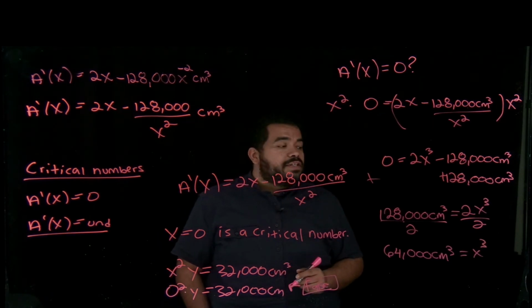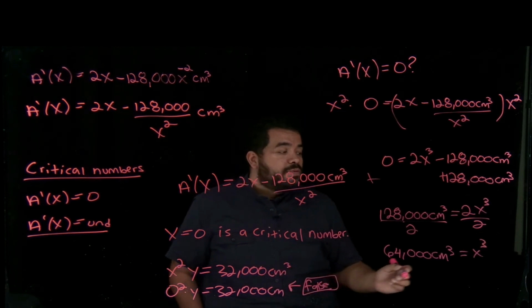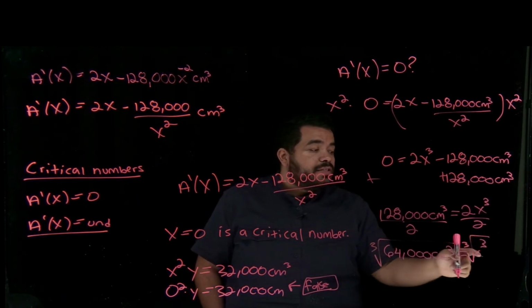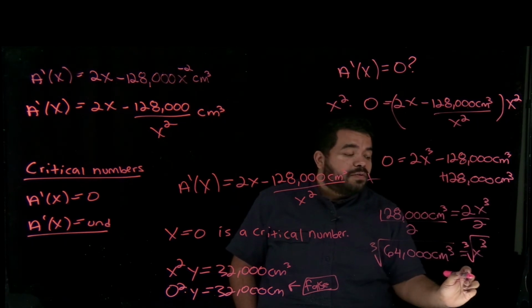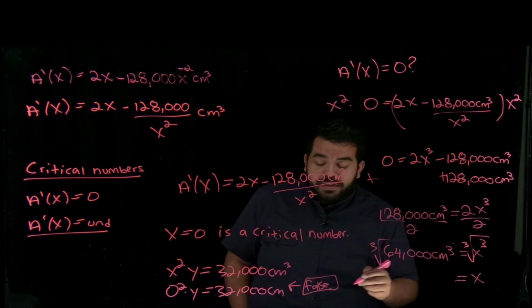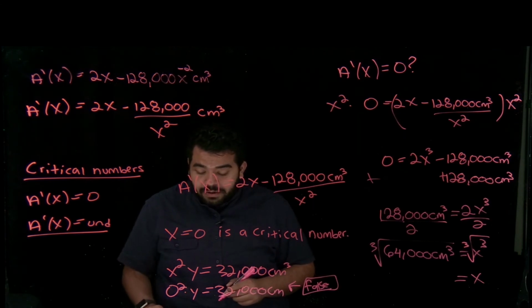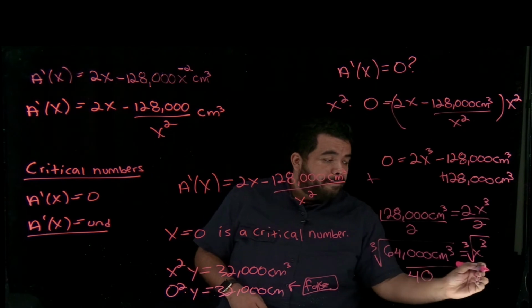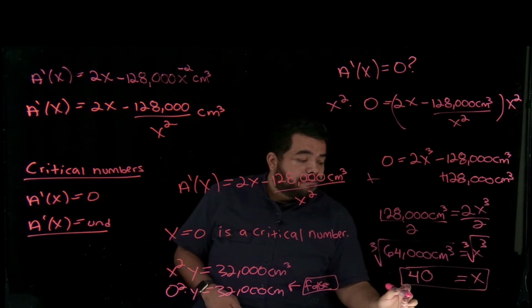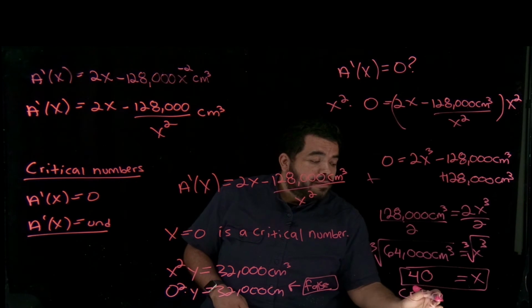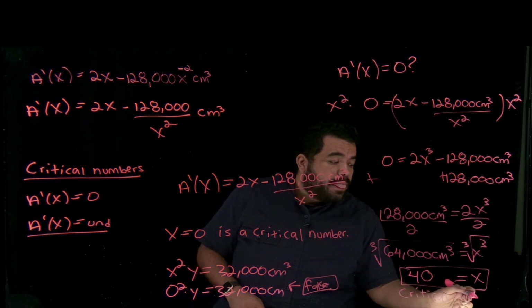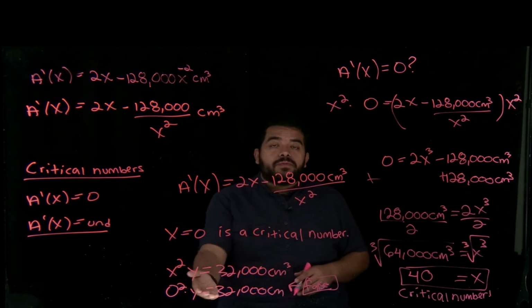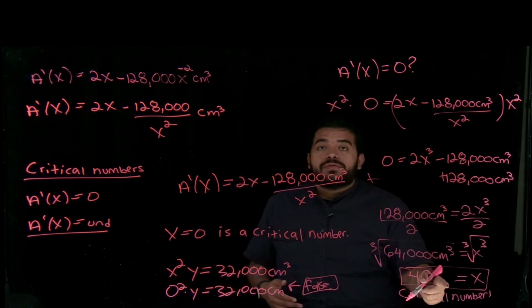Now, to isolate this, what we have to do is take the cube root of both sides. Taking the cube root of both sides will cancel out this x to the third power and just leave me with what I want, which is just an x. Now, if you plug this into your calculator, you're going to end up with the answer of x is equal to 40. And this here is what we call a critical number. Now, don't forget that here we did find two critical numbers, but one did not make sense, so we're going to go with this one.